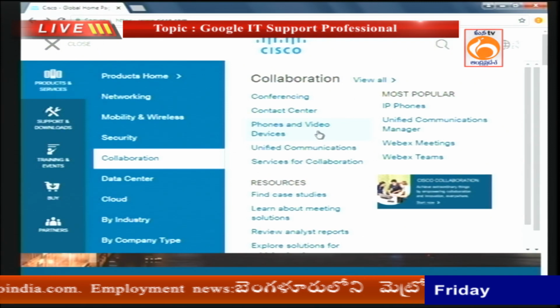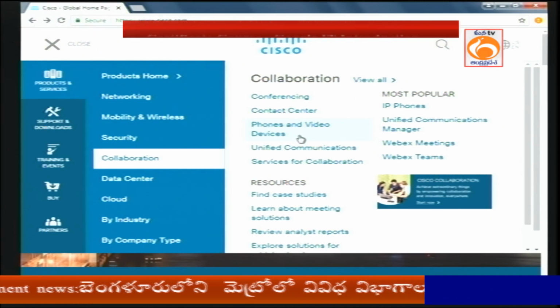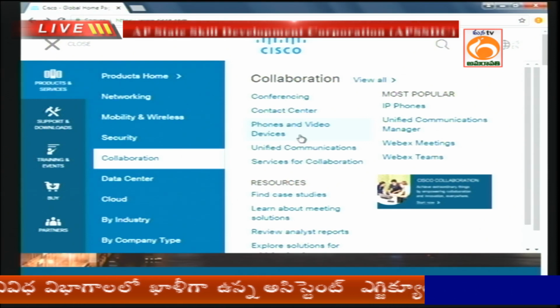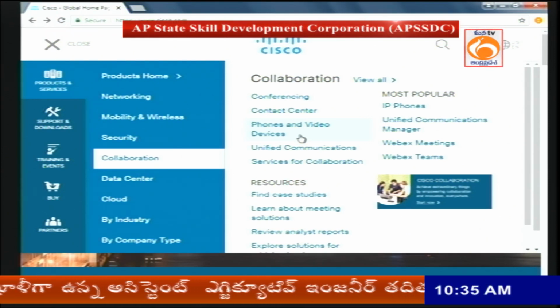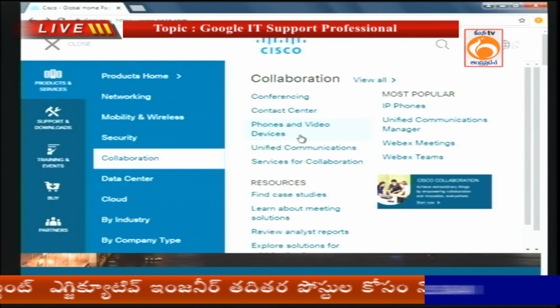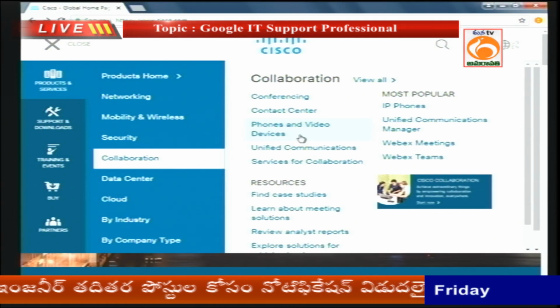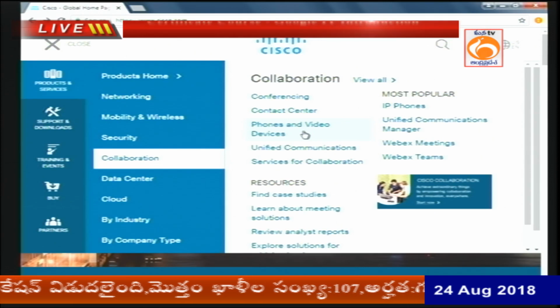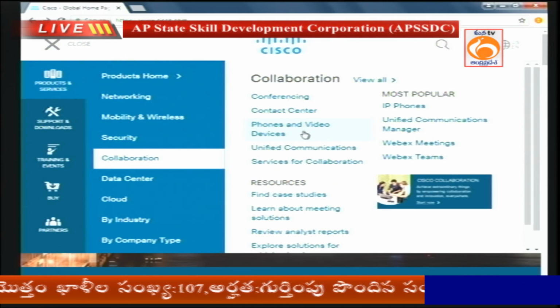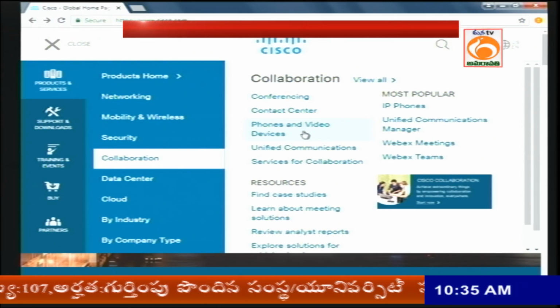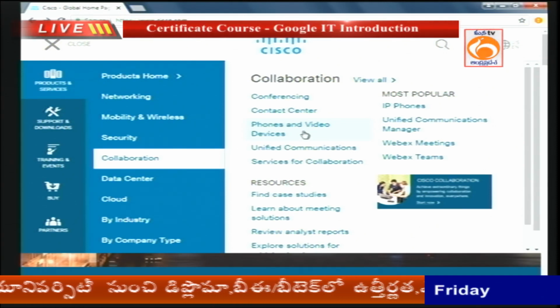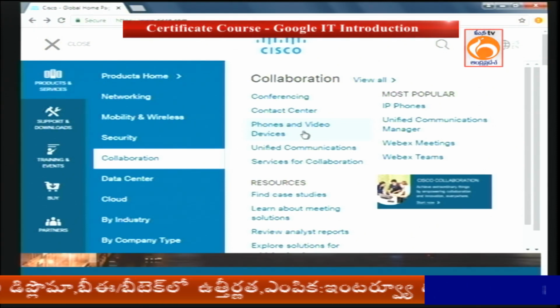Companies are using video conferencing to ensure better communication between organizations or between customers and business partners. Using video conferencing, we can save a lot of time in traveling and also expenses related to travel and staying in hotels. So video conferencing helps organizations with quick connectivity.